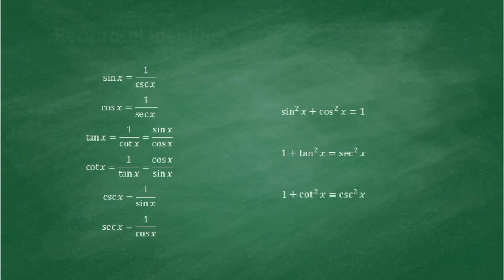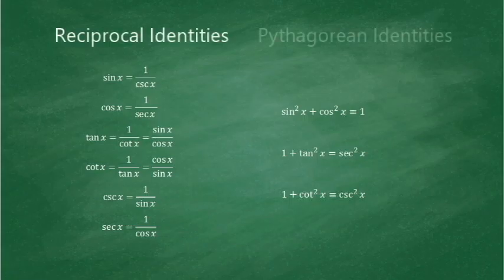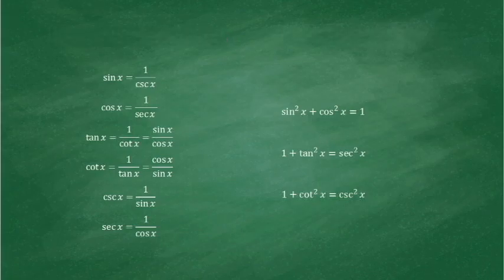Alright, so these are some basic identities that you need to know. On the left side, you have the reciprocal identities, and on the right side, you have the Pythagorean identities. Now, these are just basic identities that you're going to be using quite often, most of the time. You have to know that sine is the flip of cosecant, and hence sine x is equal to 1 over cosecant, and vice versa, cosecant is 1 over sine.